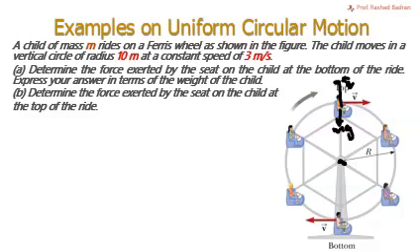Also at the bottom, there's a weight downward, and there is a normal force. At this time, this normal force is different from that one, because it is at the bottom. So the normal force here at the bottom, or here the normal force at the top, as you can see.